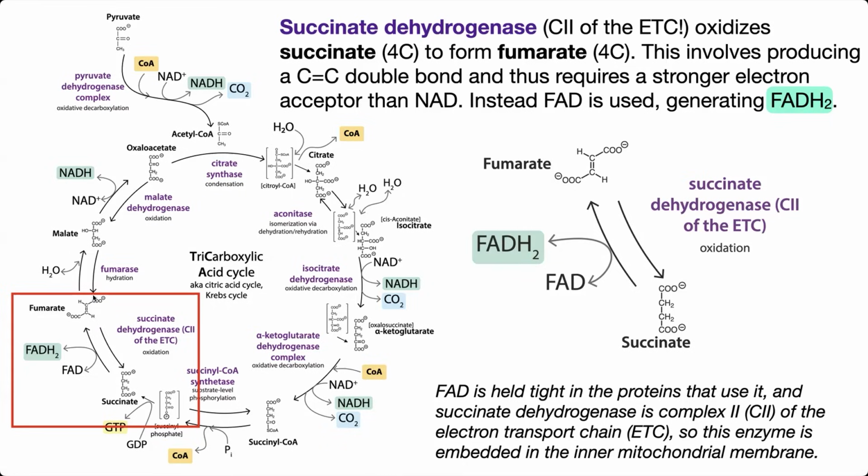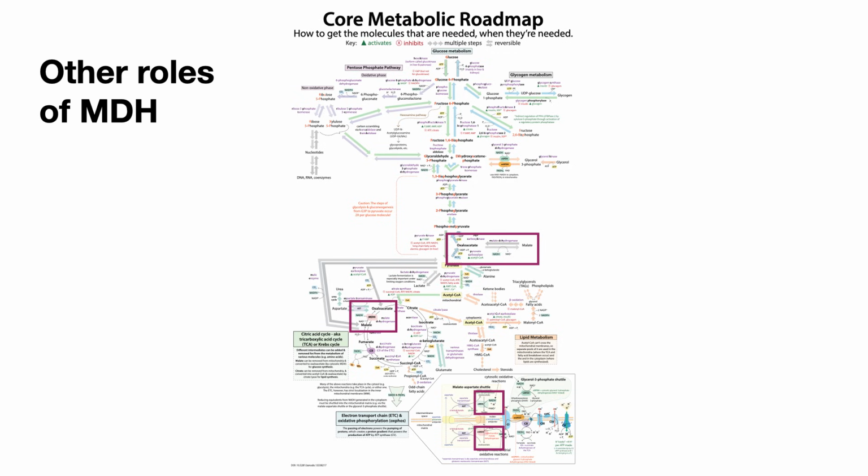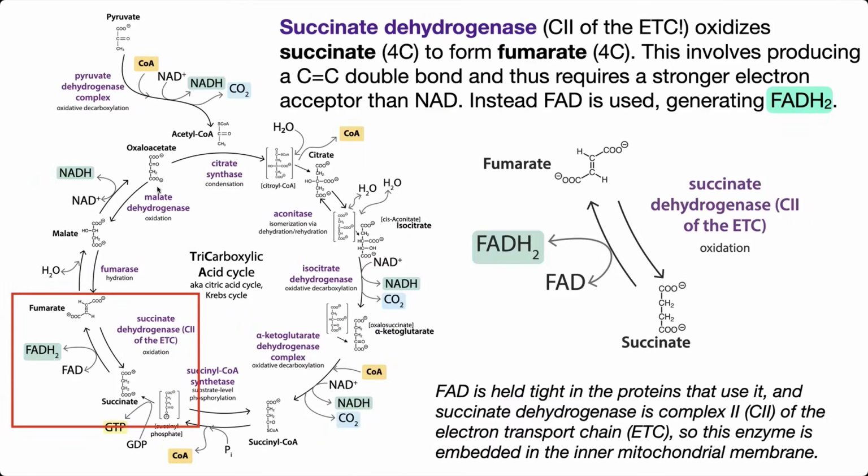And so this is happening in the inner mitochondrial membrane, and then these enzymes are going to be in the mitochondrial matrix. Although you also have versions of some of them in other compartments like your cytoplasm, because these enzymes can moonlight in multiple roles. An example is our malate dehydrogenase. We'll talk more about some of its roles later, but first we need to make malate to talk about it.